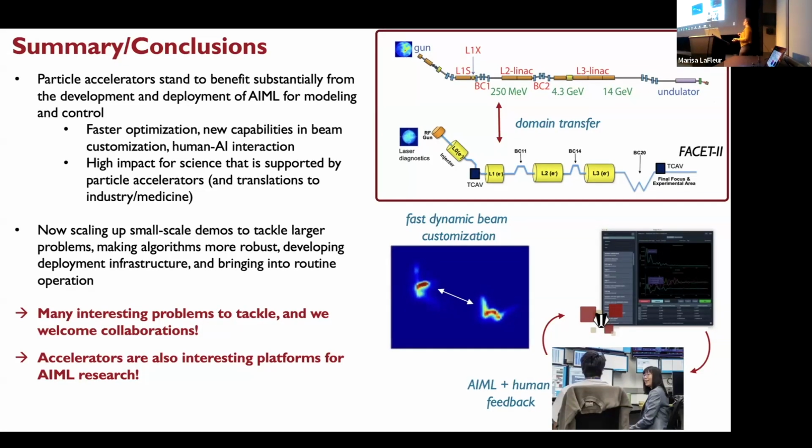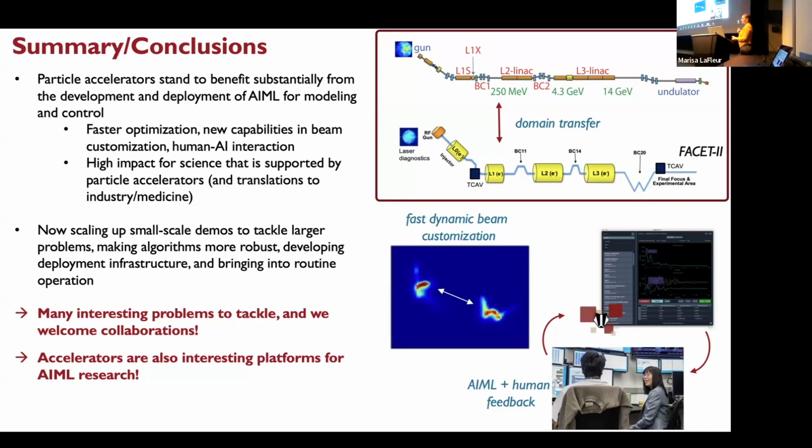And so there's a lot of interest in studying how we make this efficient. So for instance, if we have an automation tool that we put into the control room, we don't want that to just add to kind of the information overload that operators already have in the control room. How do you design that in a way that achieves that?